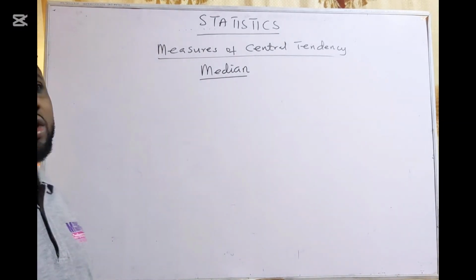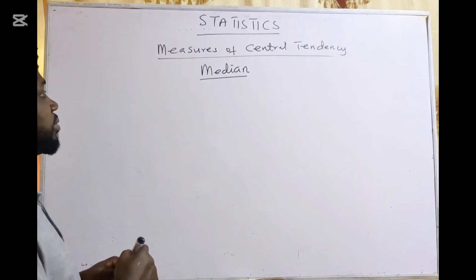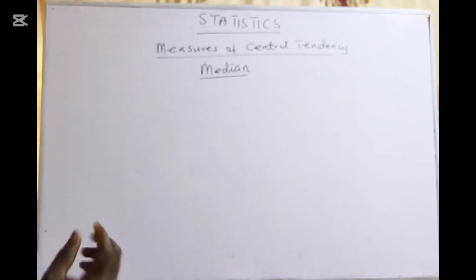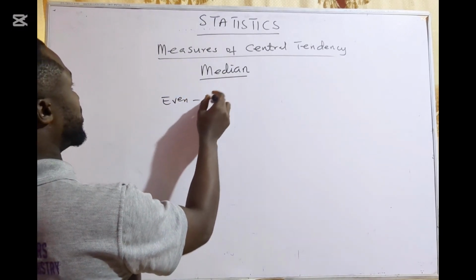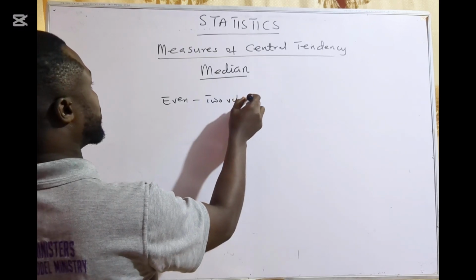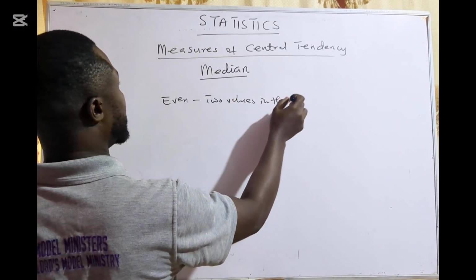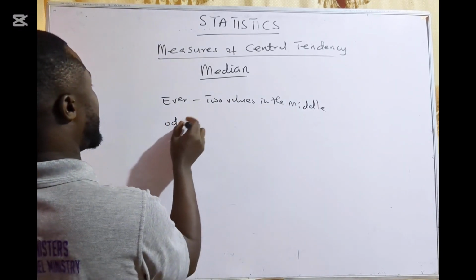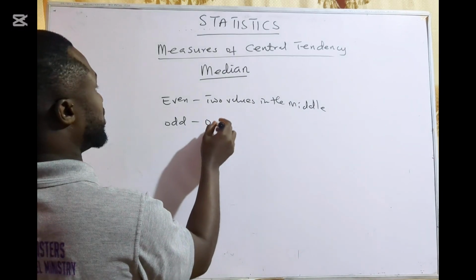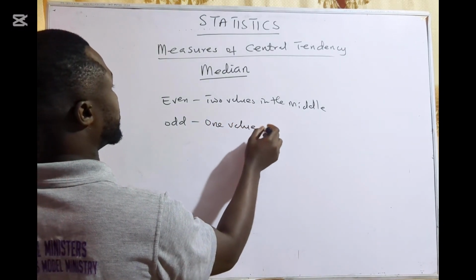If the number of values is even, then there will be two values in the middle. If the number is odd, then one value in the middle.